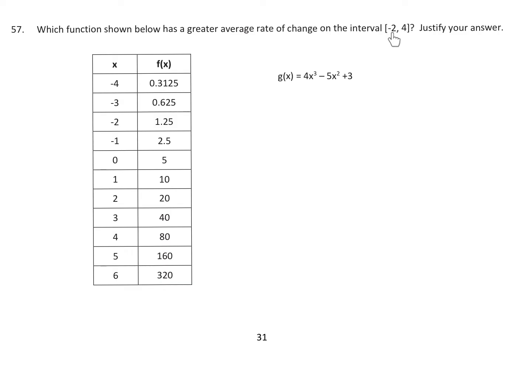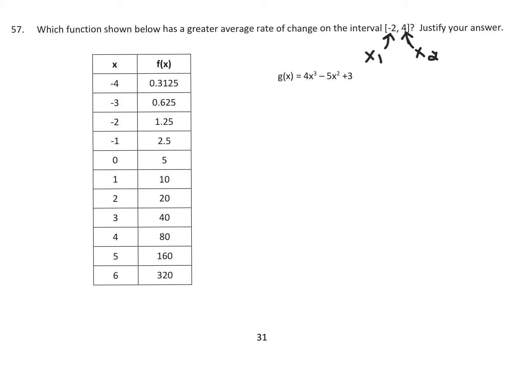So this represents the first x value where our interval starts, and this represents the last x value where our interval ends. So basically, x sub 1 is -2, and x sub 2 is +4.